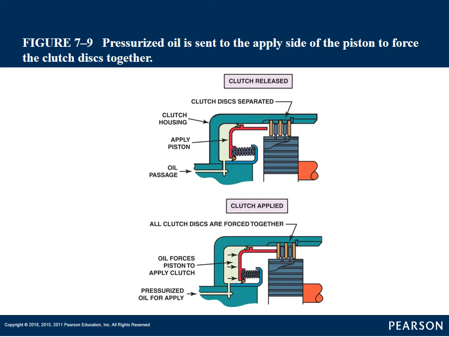If we get low fluid pressure for some reason, maybe we get low on fluid, or we get a leak in the system, or the pressure regulator valve isn't working properly, anything that would keep us at low pressure is going to do the same thing.